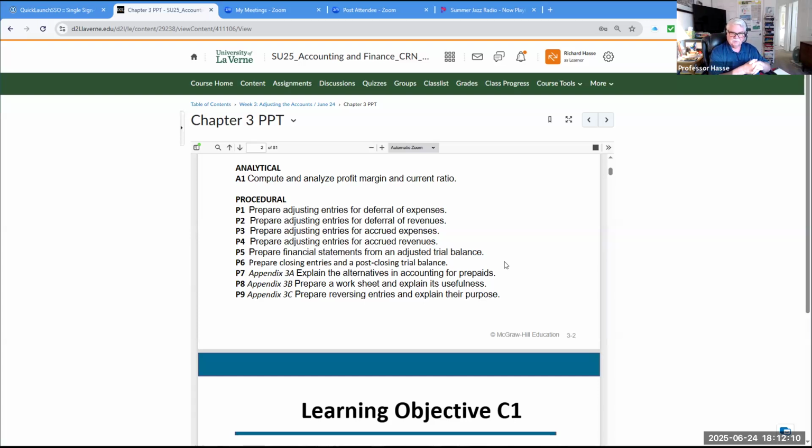Part 2, or number 2, is the adjusting entry for the deferral of revenues. Well, we've talked about that also in this class in prior weeks. That is unearned revenue. When you pay for a service in advance before the service was provided, I believe the example we use in our class is when you pay a retainer to a lawyer.